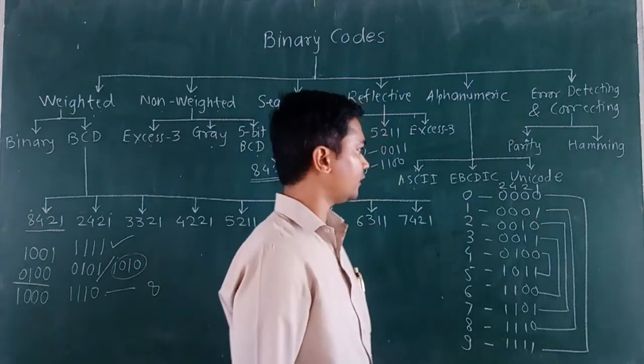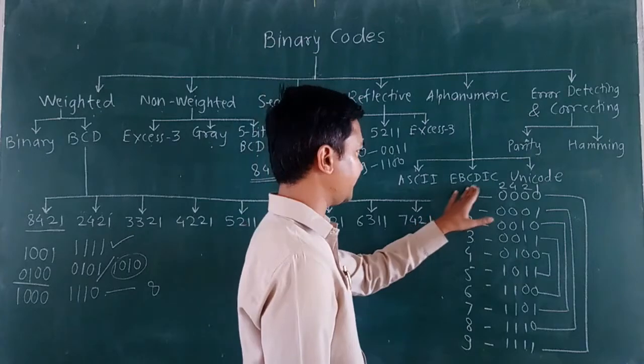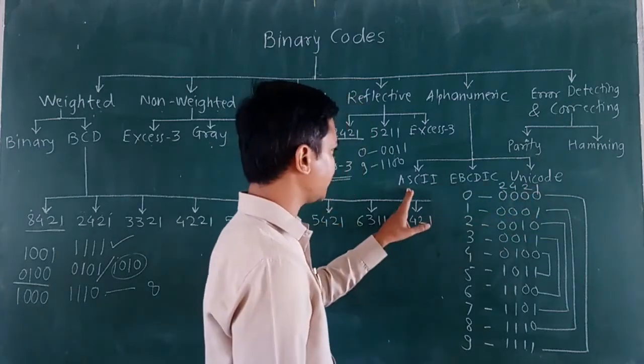Now the next thing is ASCII code, EBCDIC and Unicode.